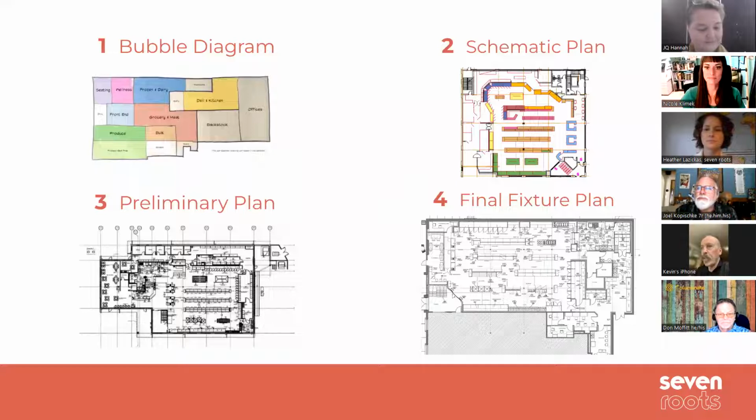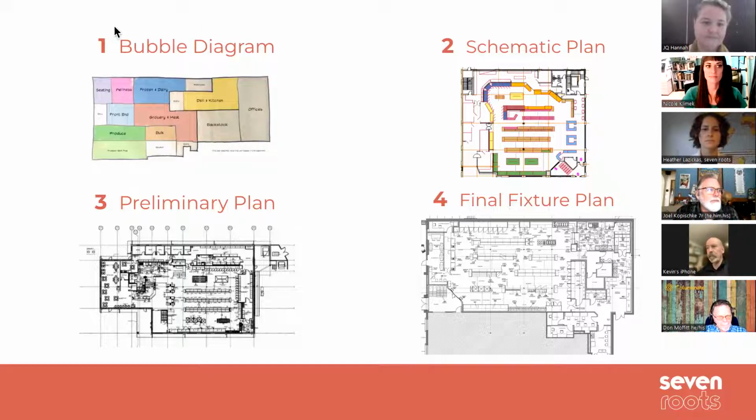Okay, so what does this look like? So the design piece is broken down into several phases, which are all represented as deliverables. So today we're going to focus on a few, but generally these are those design deliverables. So the first one is a bubble diagram.